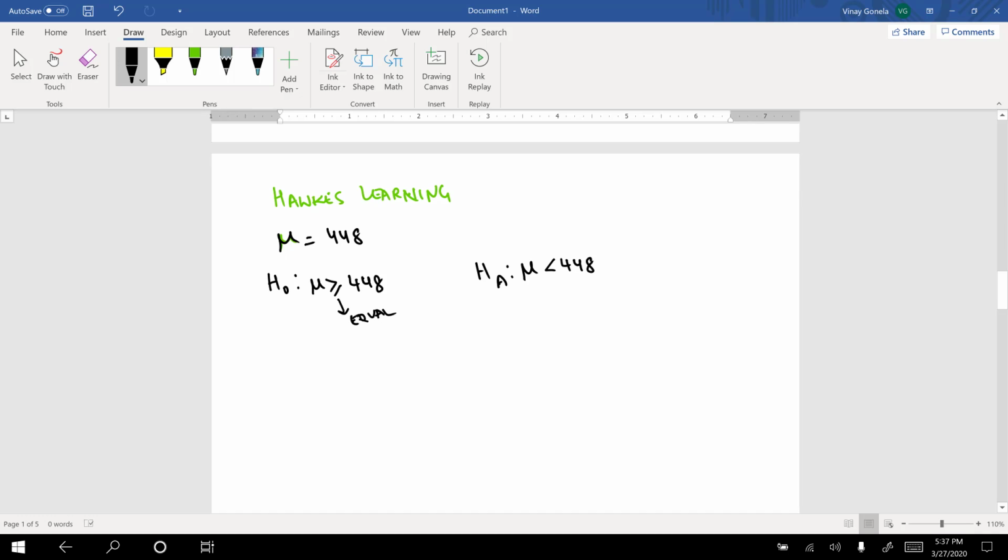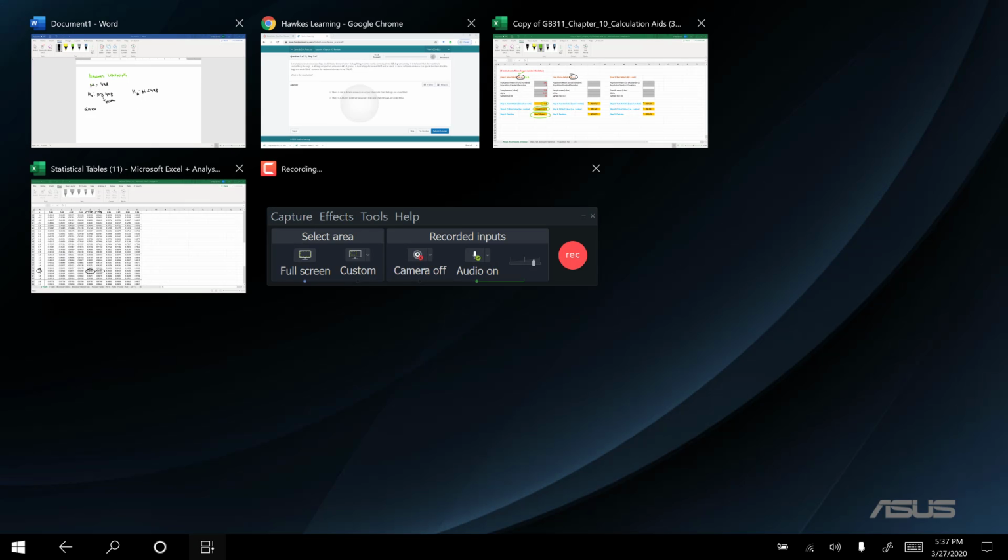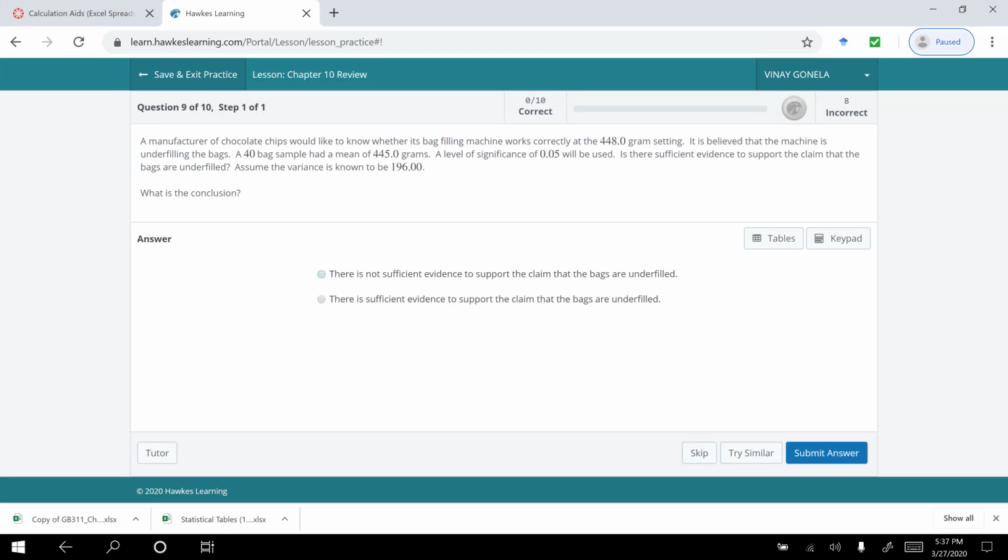And now what is given. So let's see what's given. Given is a sample of 40 bags had a mean of 445.